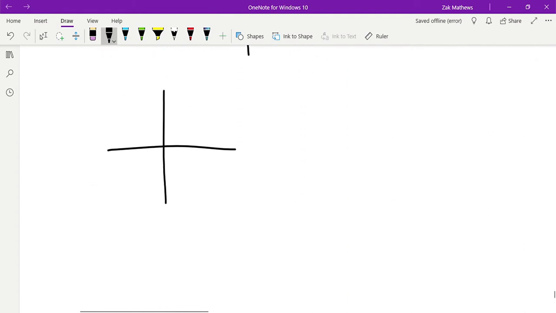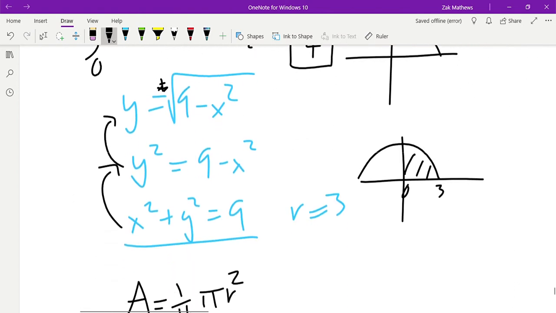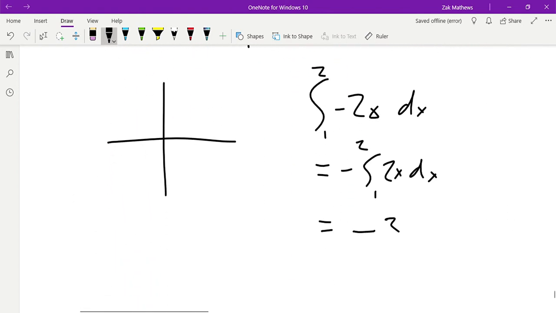Let's say this time we have a negative 2x, and we're still going from 1 to 3. Well, there's a couple of different ways I could do this. We have rules for integrals that say we could pull that negative to the front, and then we're back to the same answer that we had from before. We would just get the answer of negative 3 this time.